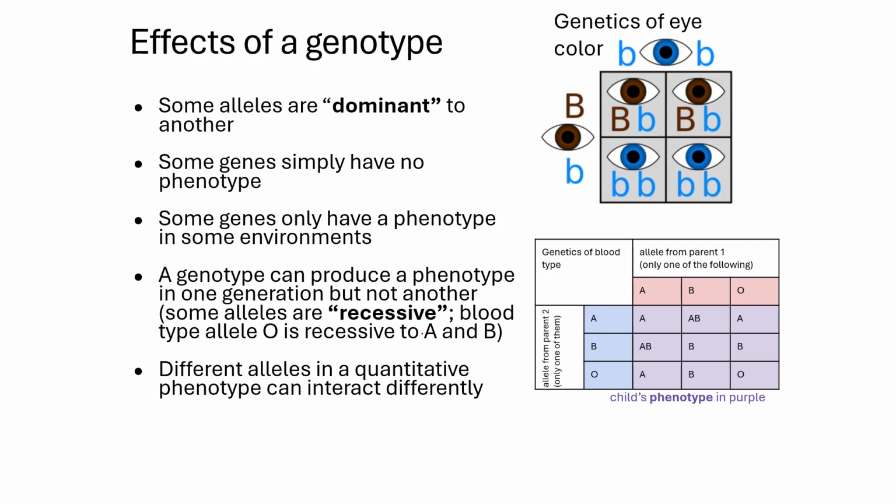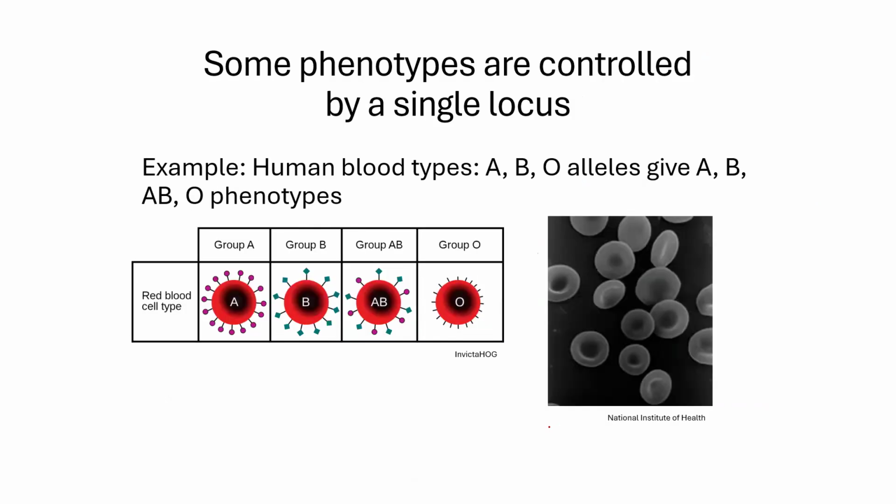And in other cases, such as the ABO blood type, you have different alleles that could be inherited, but they're equally expressed. And this is something that we call codominance, or non-complete dominance. So we have some phenotypes which are controlled by a single locus, right?